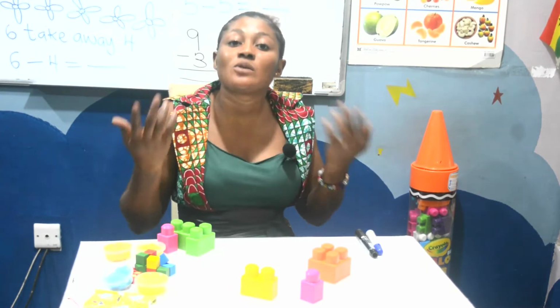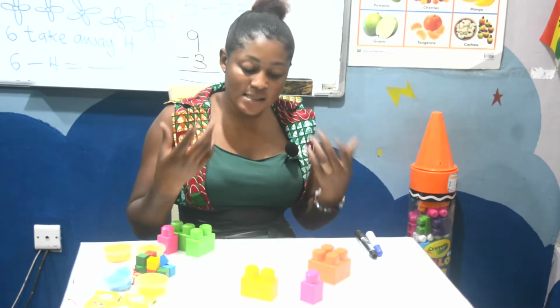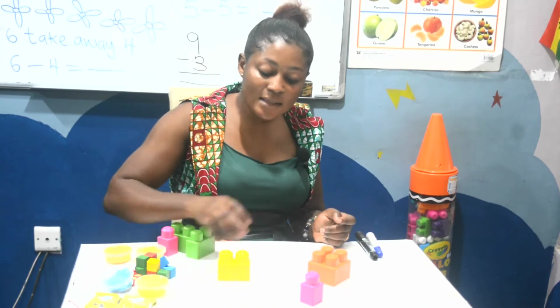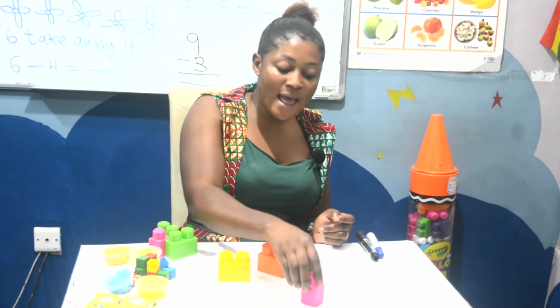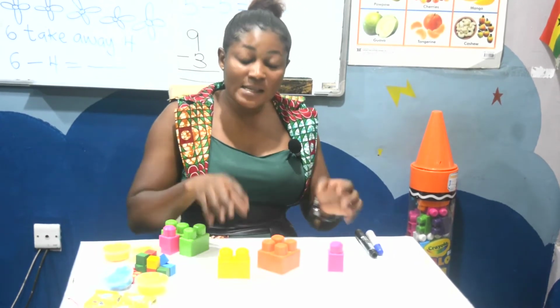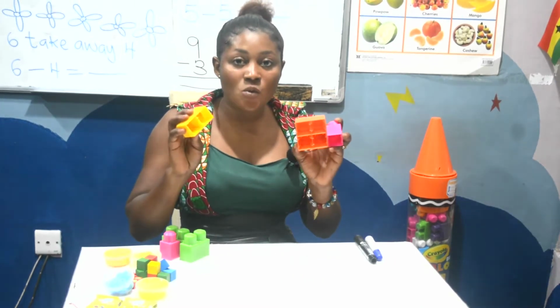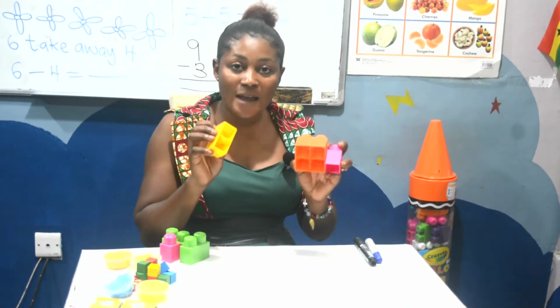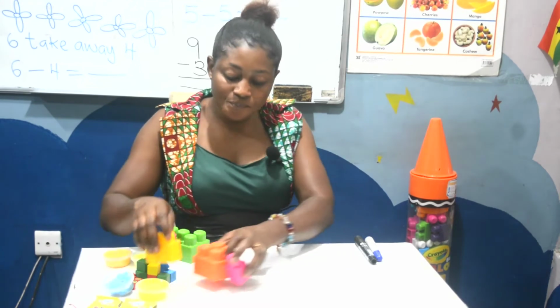So how many toys will be left? Let's count them. 1, 2, and 3. So this means that 5 minus 2, the answer will be what? 3. When you take 2 from 5, you get 3.